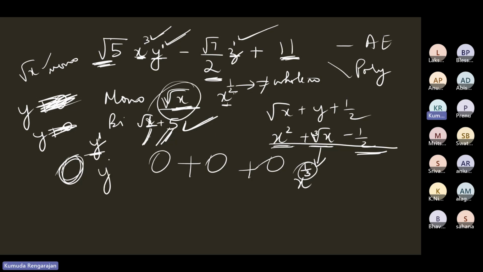The power of y is 1, a whole number, and hence y is a polynomial. This polynomial has only one term, y, so it's a monomial.